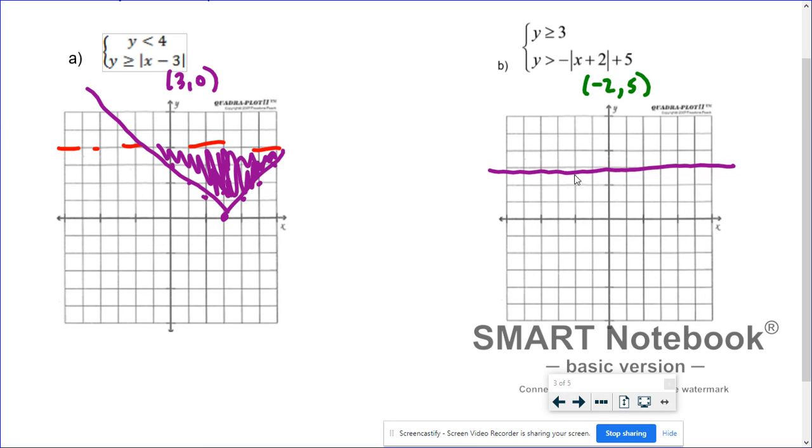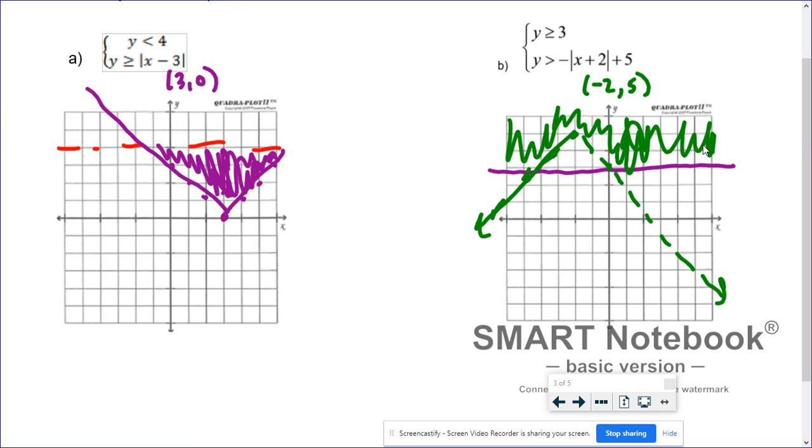So left 2, up to 5 here, and it's opening down. Oh, it should be dashed, sorry. All right, pretend like that part's dashed. You're above both of them. So if you're above the green and the purple, it's going to be this region up here.